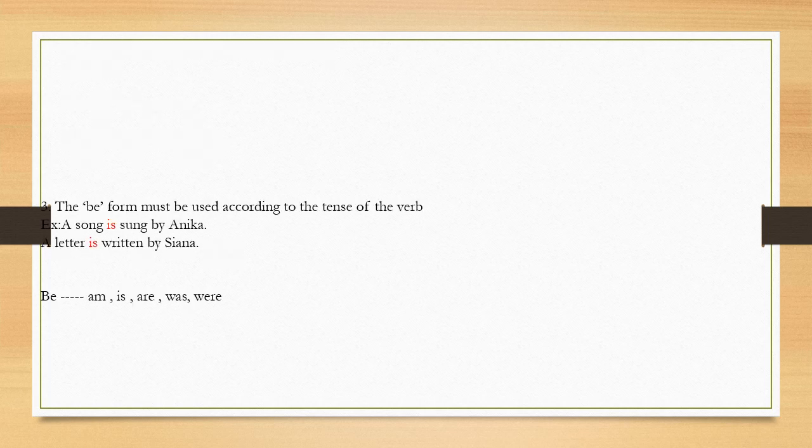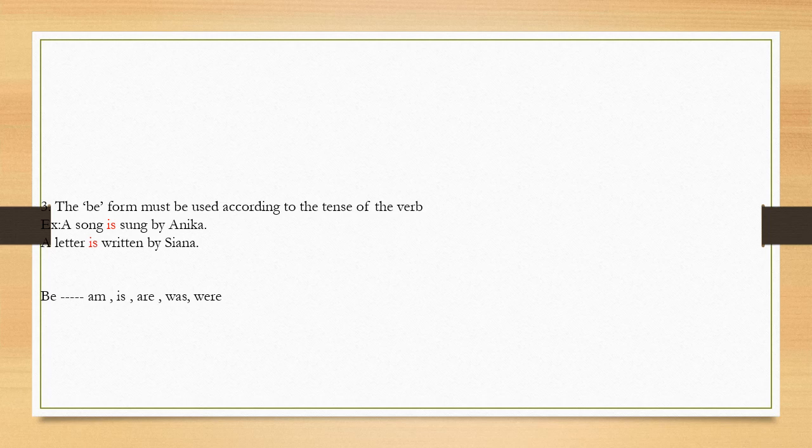Third thing is the be form must be used according to the tense of the verb. For example, what is the be form here? Be form is am, is, are, was, were. These are the be forms of the verb. Now, a song is sung by Annika. Is is used in the passive voice.